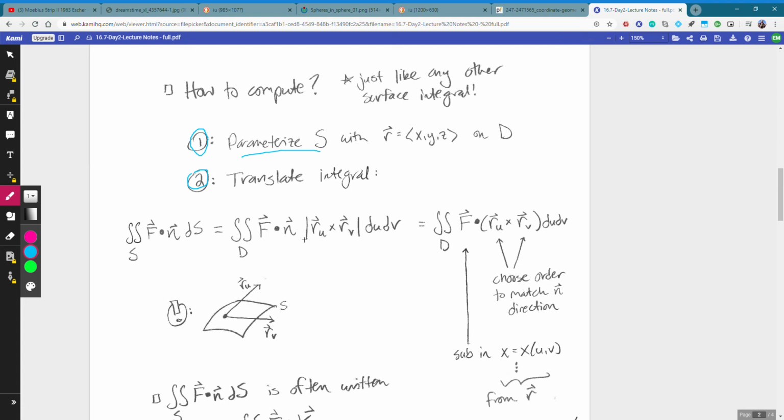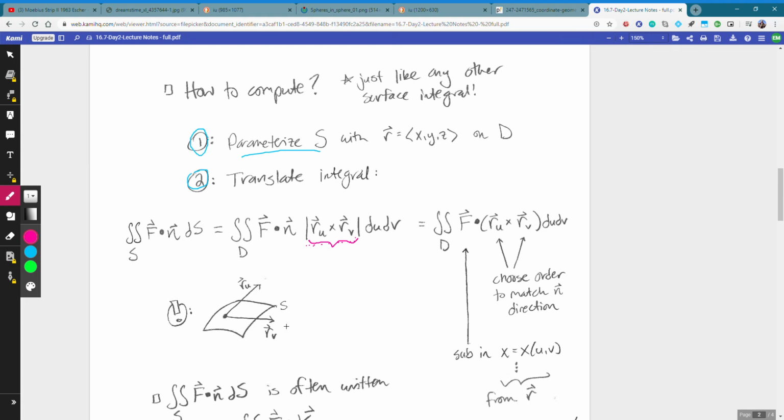But what's really cool is that there's actually a nice way that we can write our cross product r_u cross r_v. And so we can see that in this picture here. We saw last time when we were talking about where this size of the cross product comes from, if we're on a point on our surface, our two partial derivative vectors, r_u and r_v, give us tangent vectors to our surface.